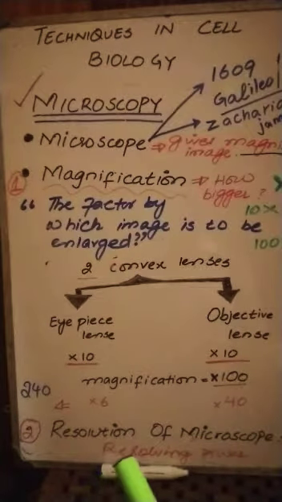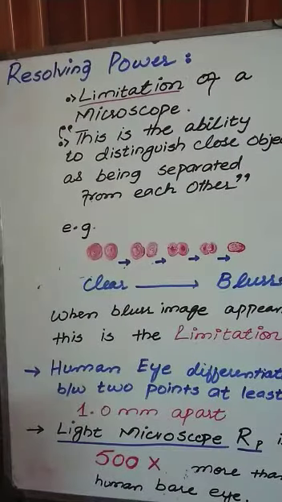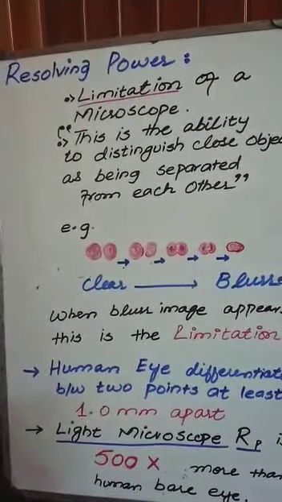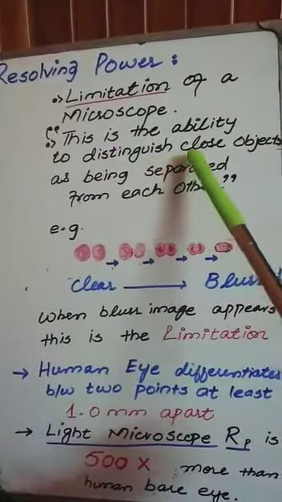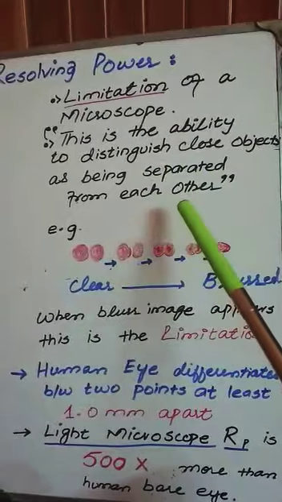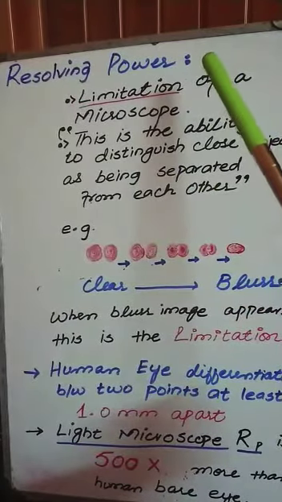This is also known as the resolving power. So how can we define resolving power? This is the ability to distinguish close objects as being separated from each other.